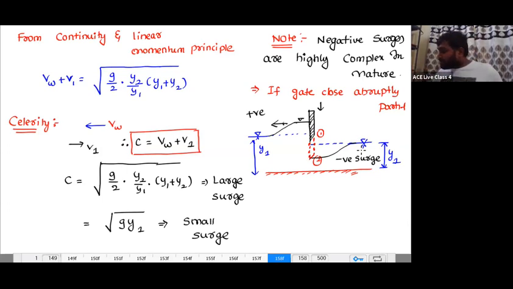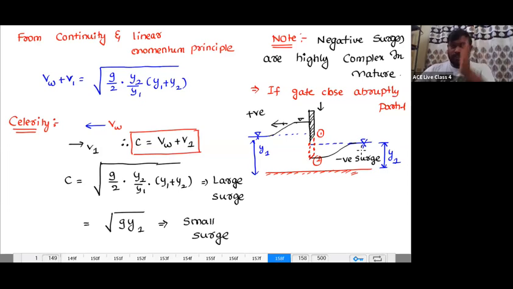Most of the people may think that I am going first for these surges, but I'm telling you, this is the least important for your examination. The concept that you need to understand is the celerity. That's the only point. At the end, you need to understand what happens when I lift the gate: positive surge will move towards downstream.